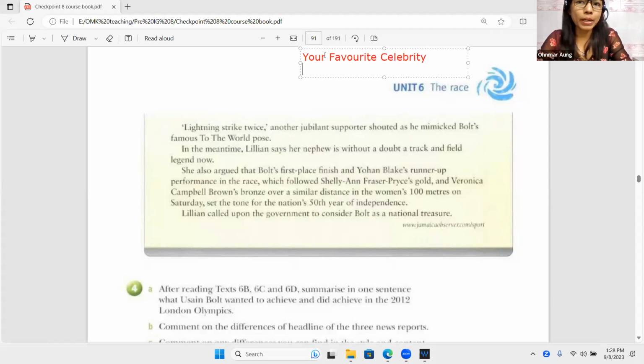The scope will be bigger. I have put celebrity, so you could choose anyone from different fields, right? Maybe from the artistic field or the political field, whoever.